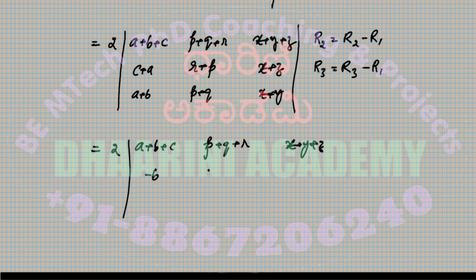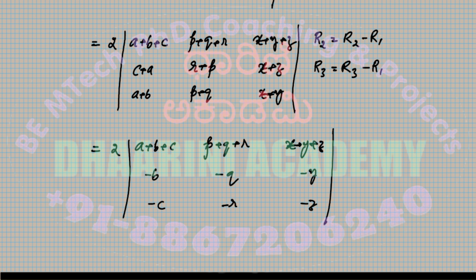Okay, do the same thing. We have minus Q left. Same thing you do, we have minus Y left. And in the third row, AB goes, C remains, PQ goes, minus R remains, XY goes away, minus Z remains.